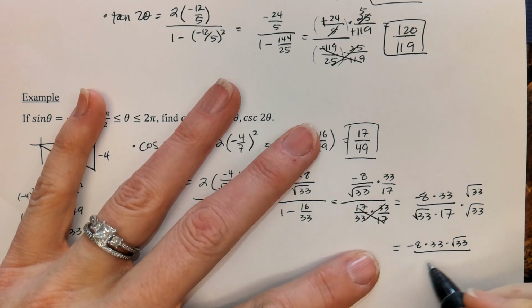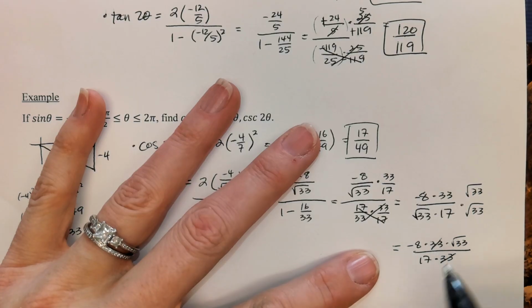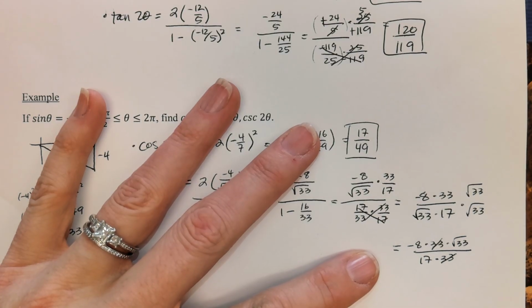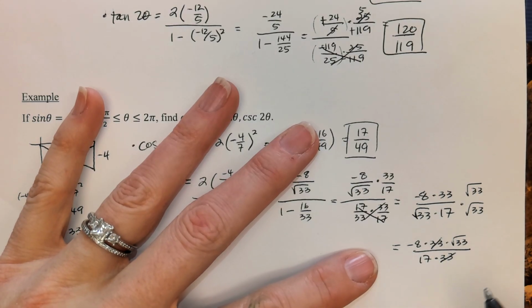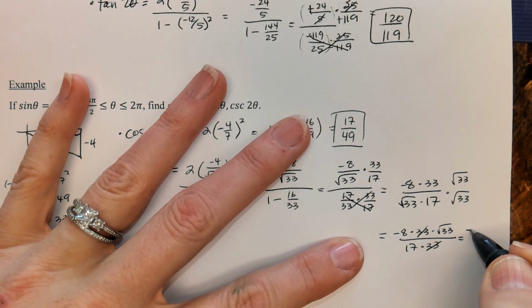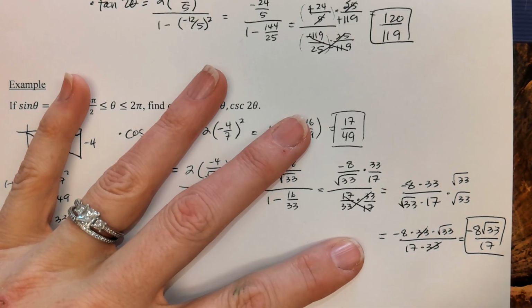On the bottom I'm going to have a 17, and these two will make me a 33. So this will cancel. You might not see that or know to divide by that if you multiplied all this first. You just would have a really big fraction that you might need to try and reduce. So negative 8 square root of 33 over 17.